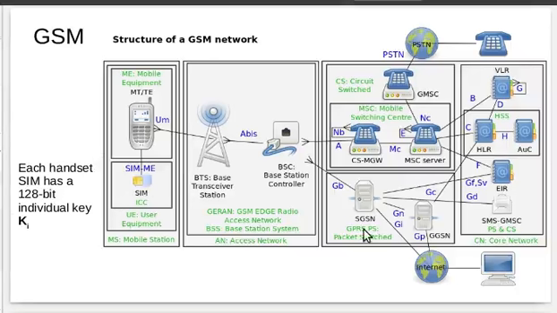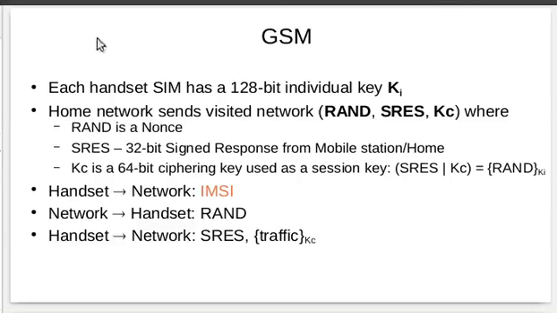Okay, so once again, in GSM, each handset SIM has a 128-bit individual key, KI, and the home network sends the visited network a bunch of data: a random number, RAND, and SRES, which is a 32-bit signed response from a mobile station and home, and then a key, KC, which is a 64-bit ciphering key used as a session key so that you can encrypt your communication.